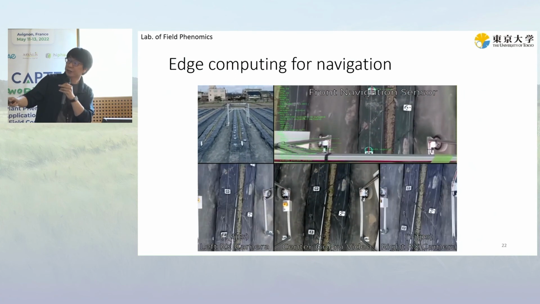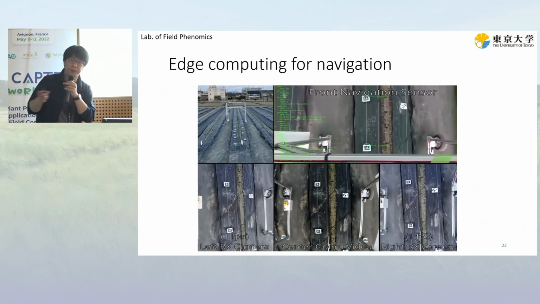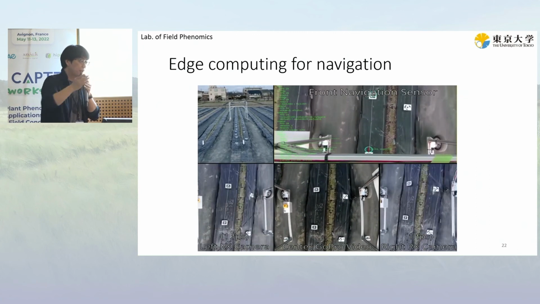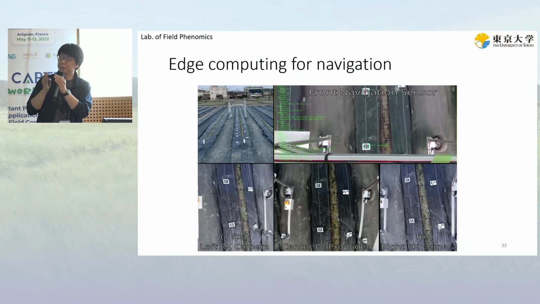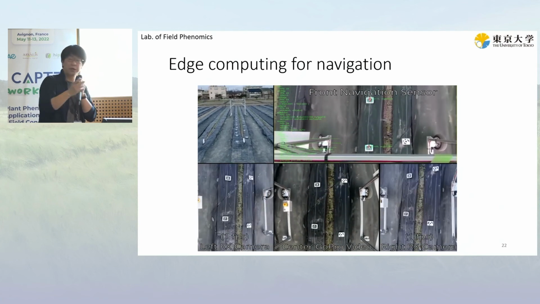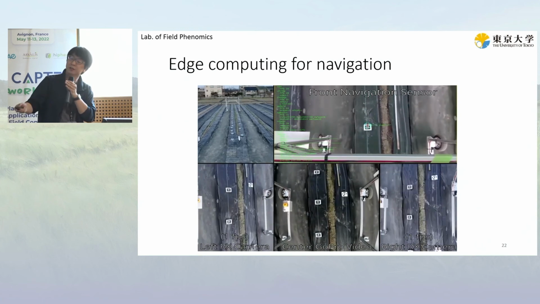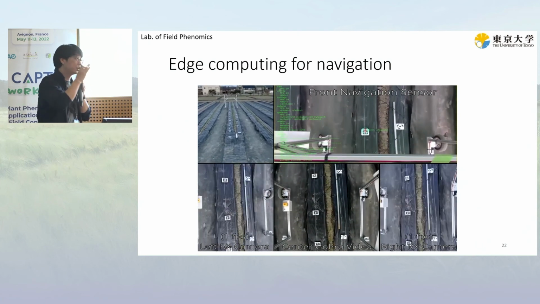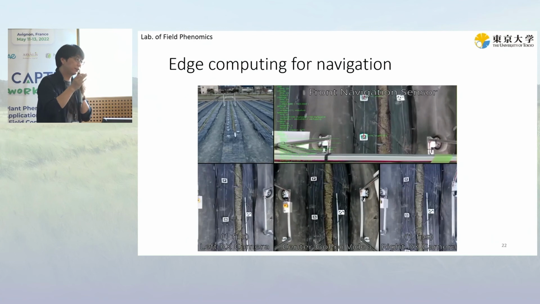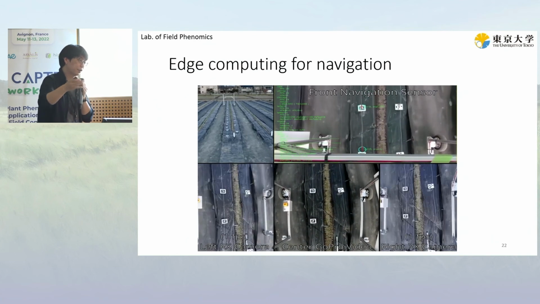So once you have this, you see this robot is actually working very sensitively, right? Every time it moves, it makes sure the plot will be at the center of your robot. That's very important for our later phenotyping tasks.